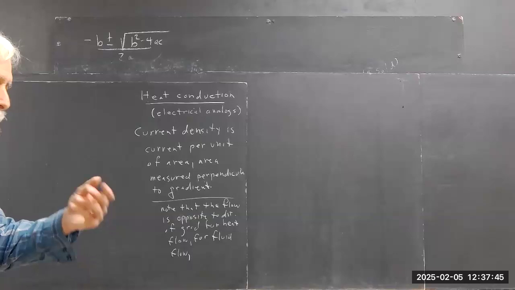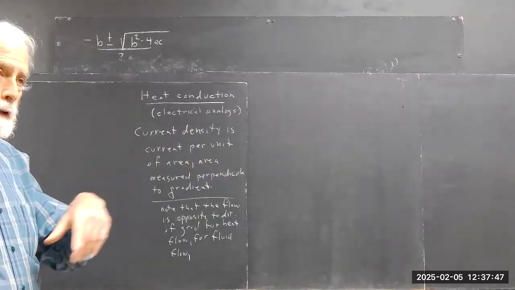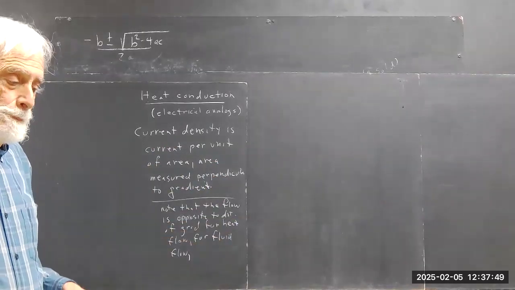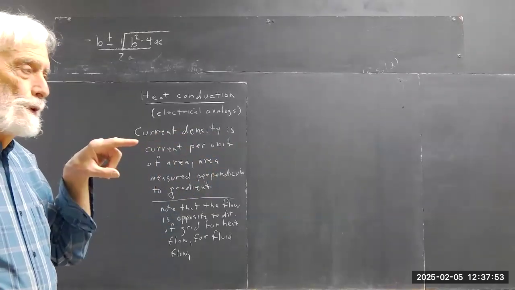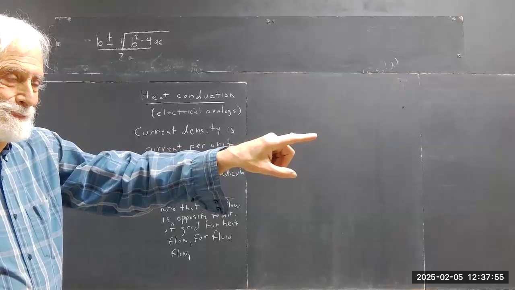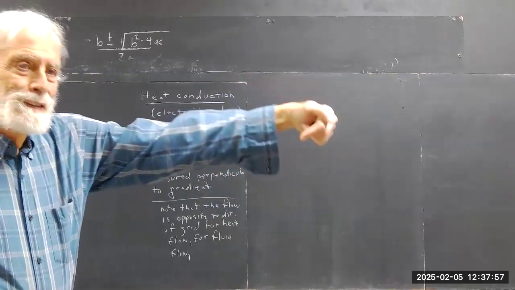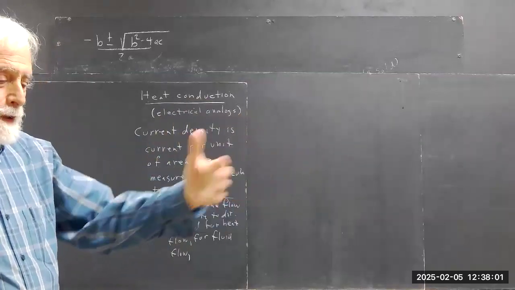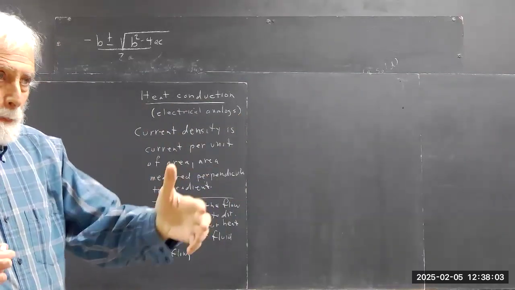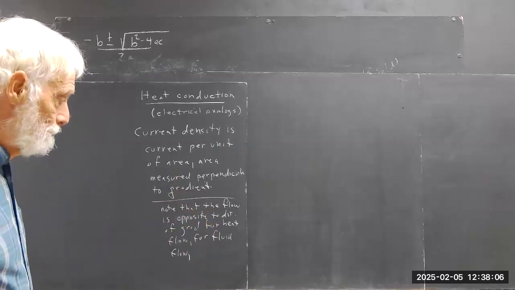Because fluid flow, we're talking about pressure gradient. Okay. And pressure gradients in the direction in which pressure increases, and flows in the direction in which the pressure decreases, meaning you have less force on one end of the element than the other. Okay.